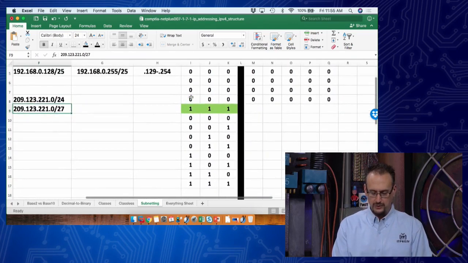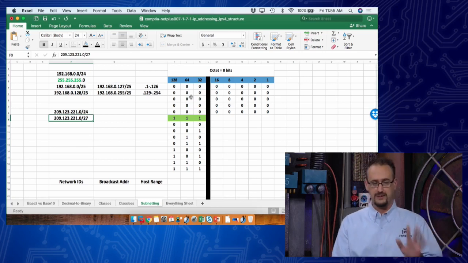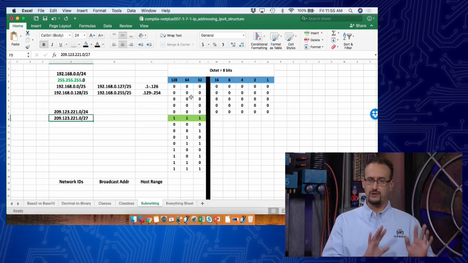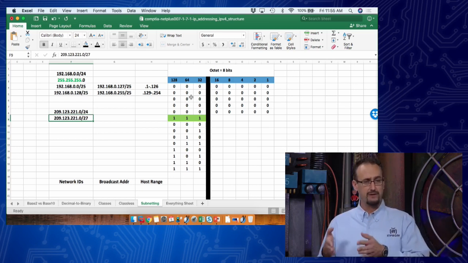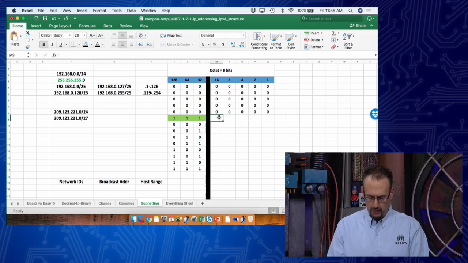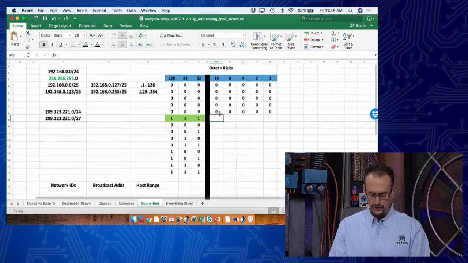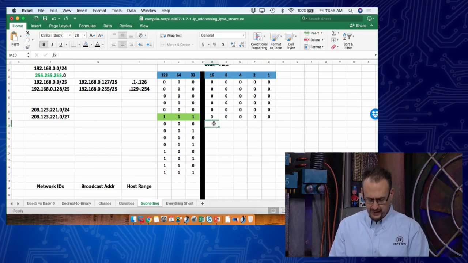Remember that I told you that once you know what your network bits are, you've got a certain amount of network bits that are just going to stay the same. Like I know the first 3 255s are all ones. I don't have to worry about anything within that range. I just have to focus on that 224. Well, once I've established that those 3 bits are now part of the network portion, all I have to do is come back here to the host portion, our dividing line, and basically put zeros in every one of these fields.